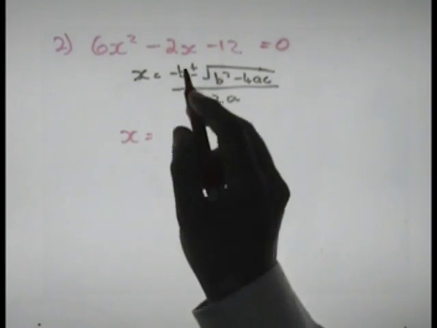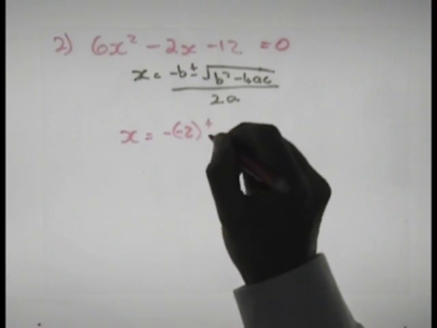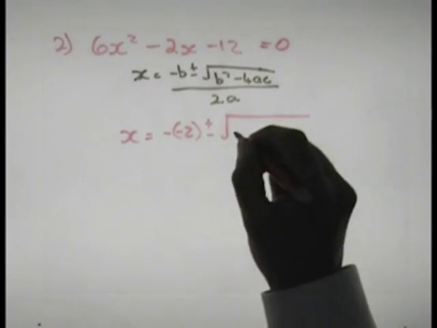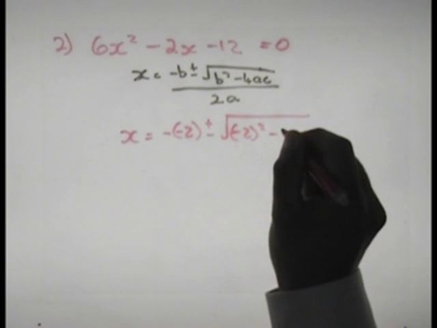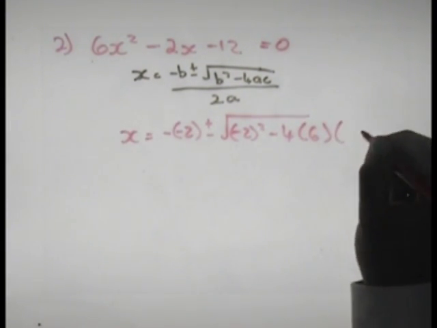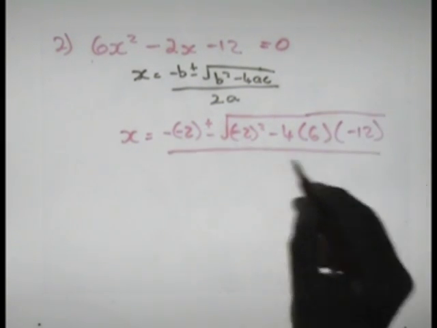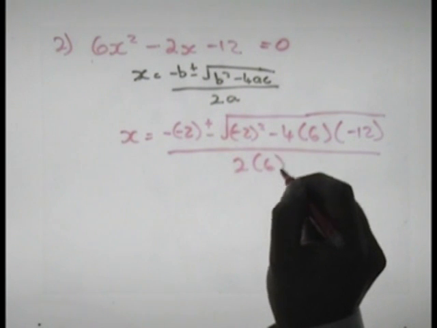In this case, x is equal to negative negative 2, minus b plus or minus the square root of b squared minus 4ac, divided by 2a.